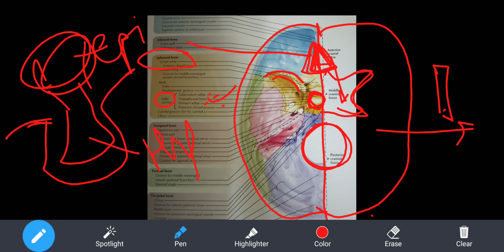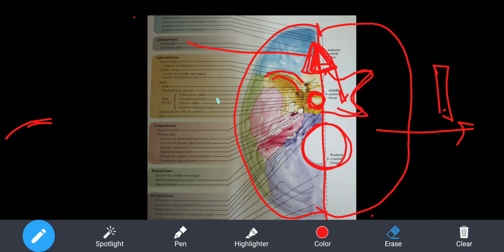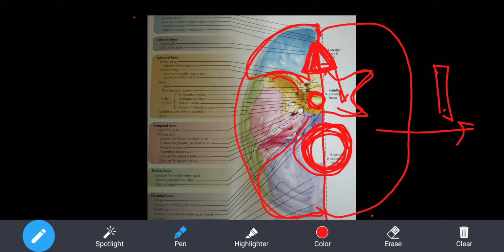Now we will go in detail. I want to discuss some other point, that is this one. So if you see, I told you about this ethmoid bone. This is the frontal bone, as you all know, and this is the sphenoid bone, and this is the occipital bone, right? And in the occipital bone, the biggest foramen, that is the hole, is the foramen magnum.